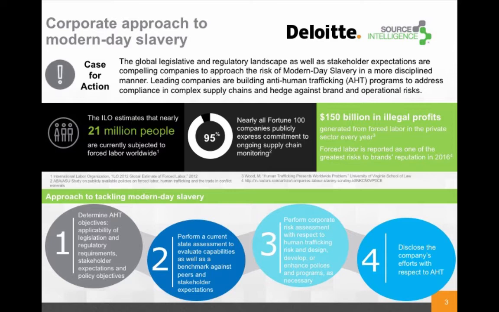As you can see highlighted, this is all reinforced through the growing headlines around modern-day slavery. In particular, the ILO estimates nearly 21 million people are currently subject to forced labor worldwide, a pretty staggering number. Nearly all of the Fortune 100 companies publicly expressed commitment to ongoing supply chain transparency and monitoring. 150 billion in illegal profits are realized or generated from forced labor in the private sector.